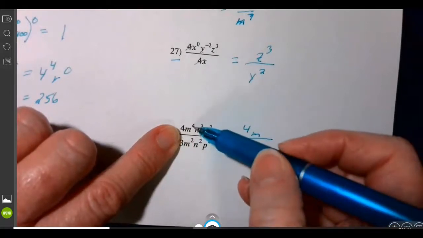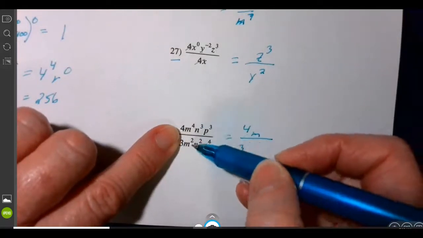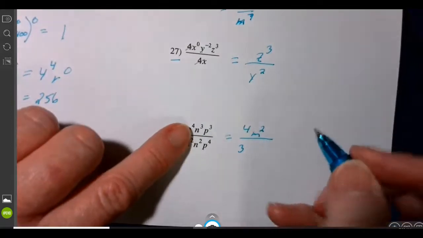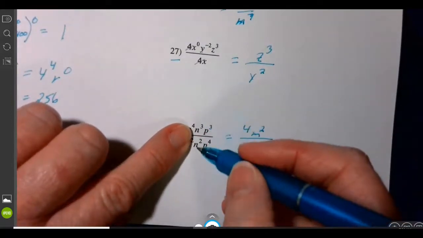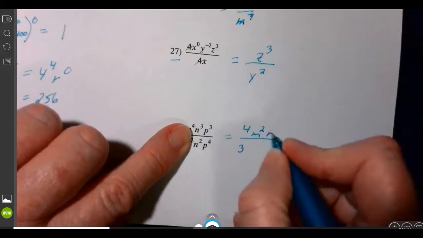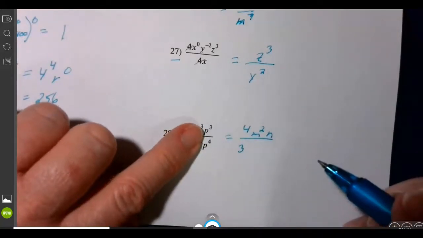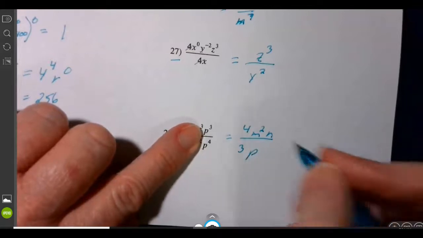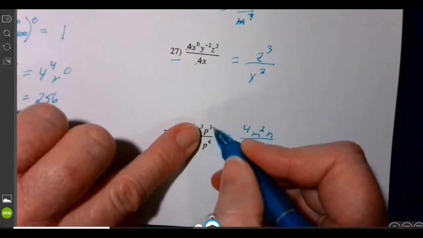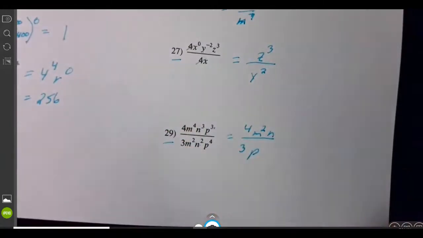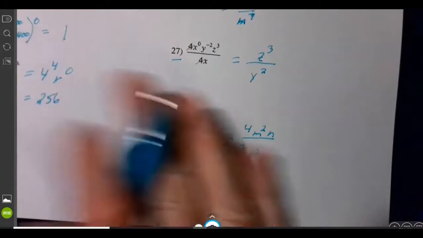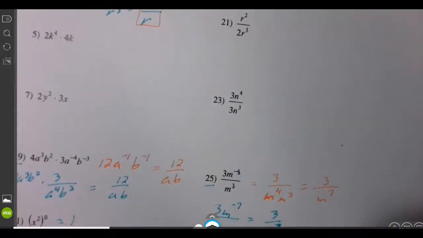And now I just subtract, because when I divide, I subtract exponents. 4 minus 2 is 2. N to the third over n to the second, bigger in the top, so n stays up top. 3 minus 2 is 1. P, bigger in the bottom, so it goes to the bottom, and I'm going to subtract 4 minus 3, which is 1. That's my answer.